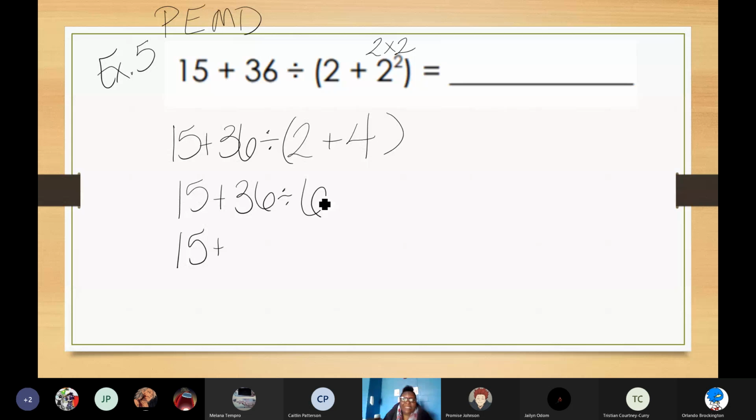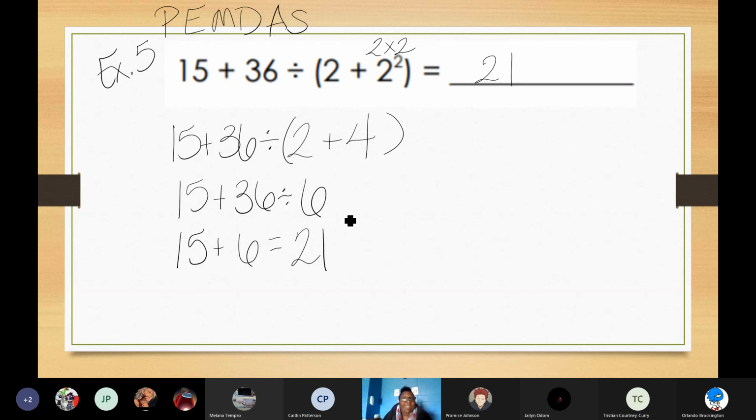In other words, 6 times what number will equal 36? And the answer here would be 6. Now, all we have left to do is add or subtract. And we don't have any subtraction to do, so we're going to solve our problem with 15 plus 6. And our answer there is 21.